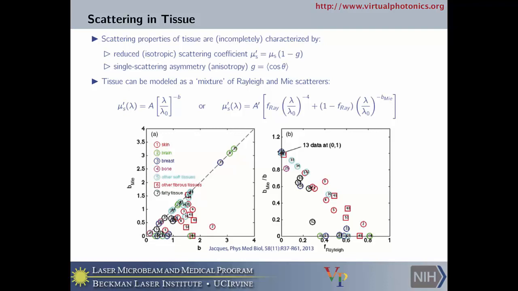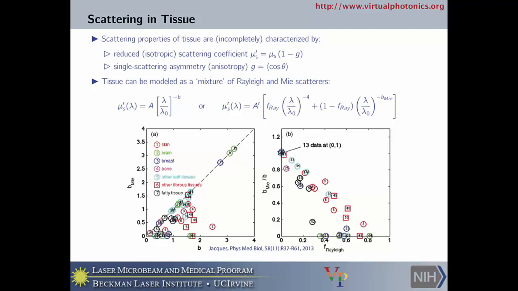You can do a more sophisticated separation and say, well, my tissue has some fraction of Rayleigh scatterers, and we know Rayleigh scatterers decay with lambda to the minus 4, and it's really the rest of the scatterers, which aren't Rayleigh scatterers, they're Mie scatterers, and they decay with some other coefficient.